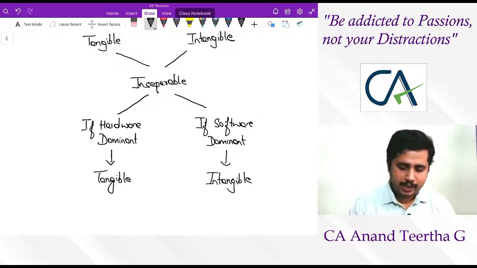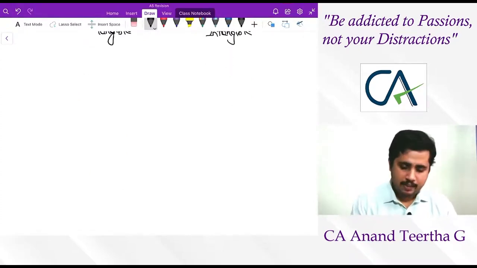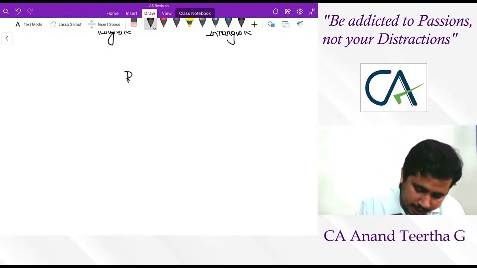Now, once we know the intangible asset definition, once we know what comes under intangible asset, then what is the recognition criteria? How can it be recognized in the books of accounts?